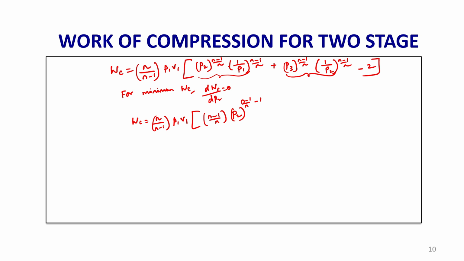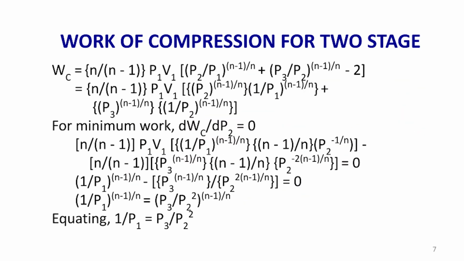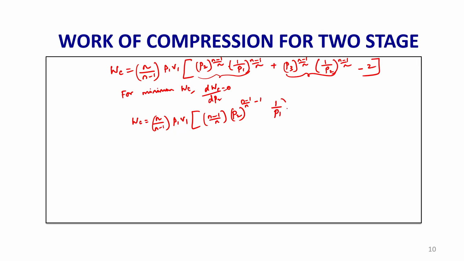So, the same thing I have used: n minus 1 by n into P2 to the power n minus 1 by n minus 1, into 1 by P1. So, that term will remain the same, into 1 by P1 power n minus 1 by n.